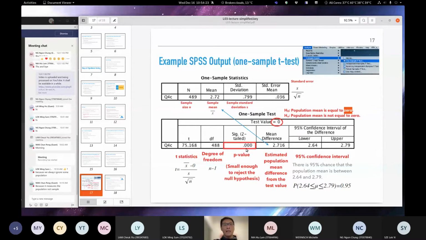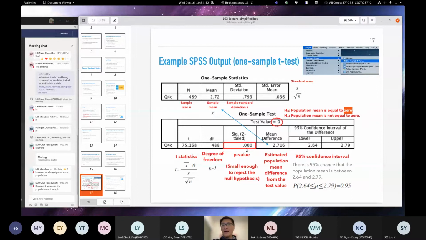0.000. Now, in data analysis, we will never get a zero p-value. A zero p-value means that if you reject the null hypothesis, the probability that you are making a mistake would be equal to 0. Of course, this will never happen because we never have 100% certainty in inferential statistics.